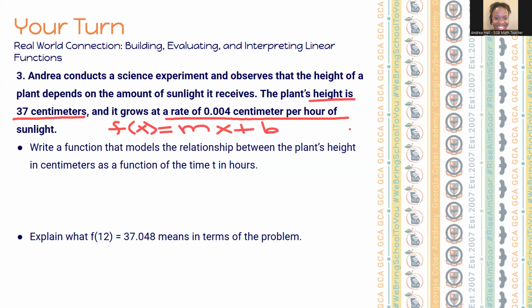The slope in this case is growing at a rate, so it's increasing 0.004. That's my slope. And my y value is where it's starting, so that's 37. The plant's height is 37. So my function would be f of x equals 0.004 x plus 37.